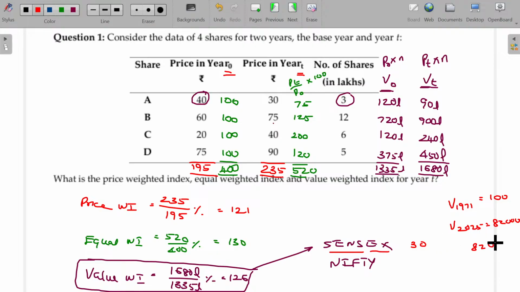See how many times it has grown: 820 times. If your dad had 1 lakh rupees in 1971, how much could it be now? 1 lakh into 820, that is 8 crore 20 lakhs. Yes, it has grown 820 times.